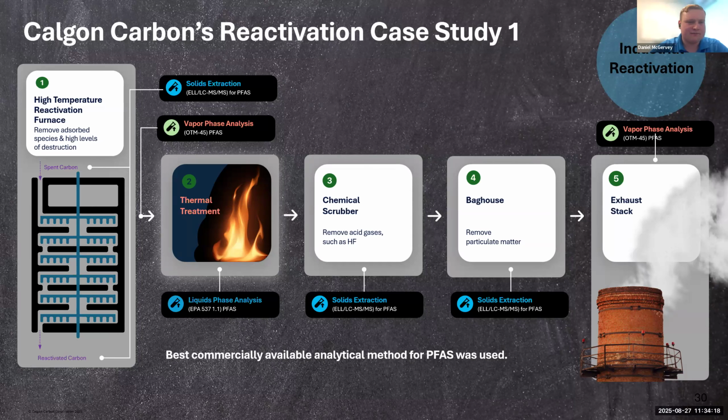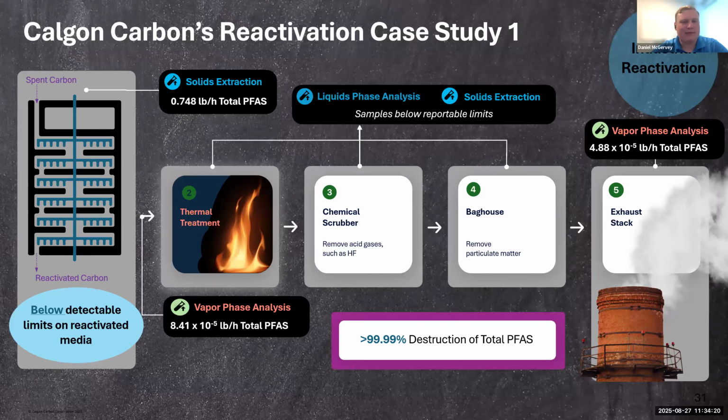So looking at the actual results. On the spent carbon, we have around 0.748 pounds per hour of total PFAS being extracted from the spent carbon. The reactivated carbon is below detectable limits for any of the PFAS that were tested.